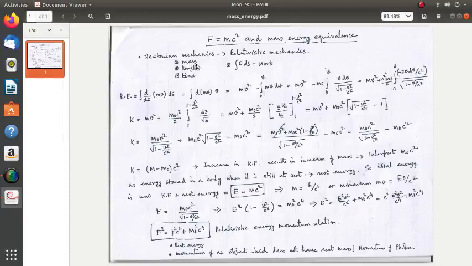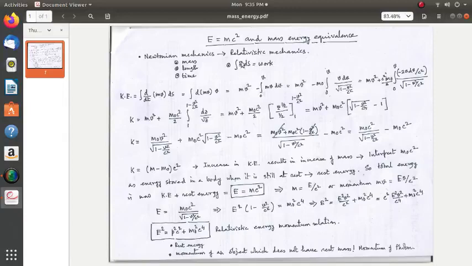So certain things change, but a few things do not change. So let us use our old idea and calculate the kinetic energy of an object of mass m, relativistic mass m.